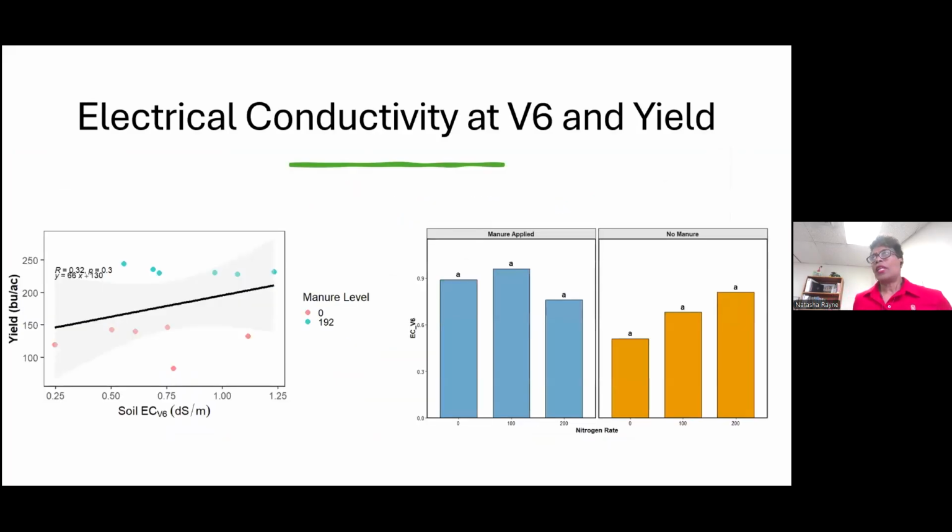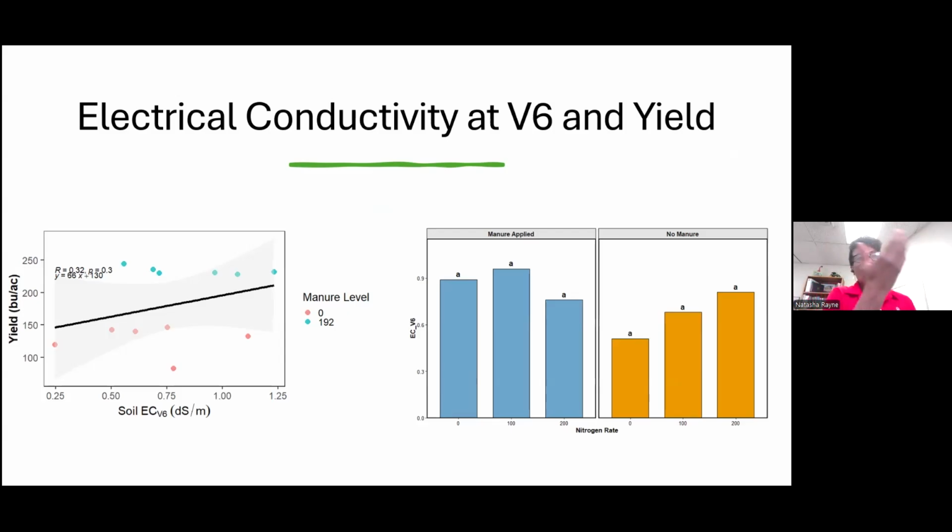Now, another variable that we looked at was electrical conductivity. Electrical conductivity basically tells us something about the ions in the soil solution. The more ions you have, which could include nitrate and ammonium, but a lot more ions.